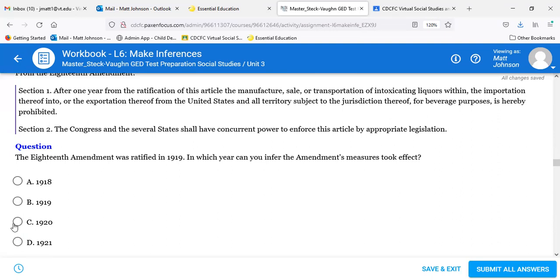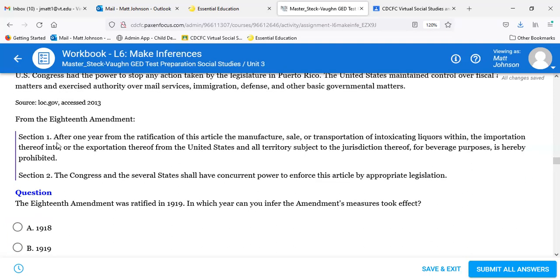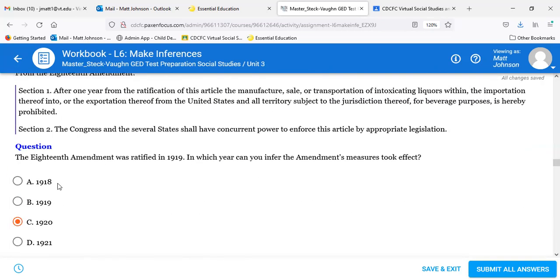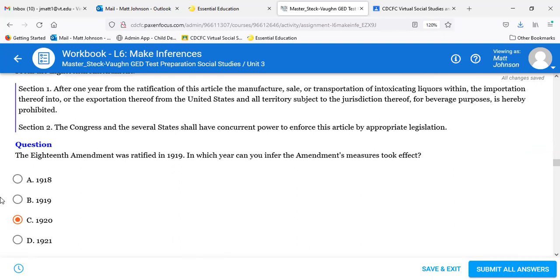It's C. So it was ratified in 1919, and then where it says here in section 1, after 1 year from the ratification. So it took a year basically to take effect there. So by 1920, those measures took effect. So C, as in cat, number 6.